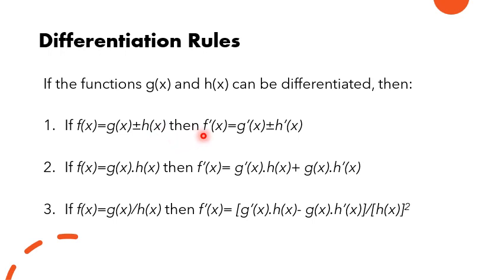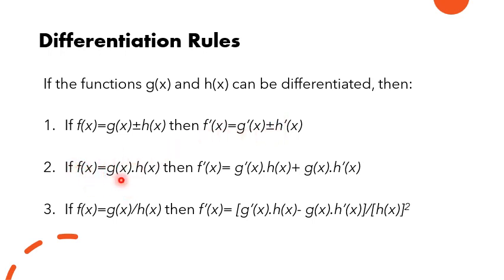Then the first derivative will be the first derivative of g plus or minus the first derivative of h. How to apply the first derivative of g and h? That is by the rules from the previous three rules that I have mentioned before.